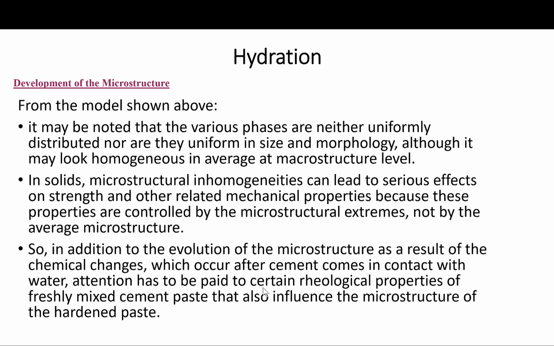So as our goal is to produce a uniform, refined structure, the use of certain chemical and mineral admixtures, otherwise known as the supplementary cementitious materials, slag, fly ash, silica fume, these admixtures will help us achieve this objective, as we will see later.